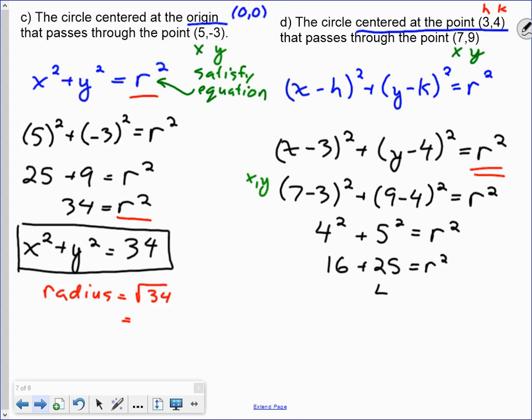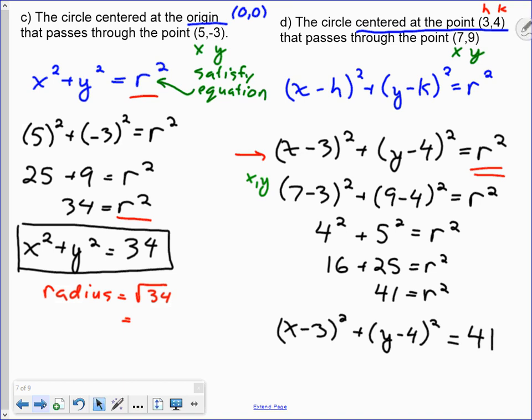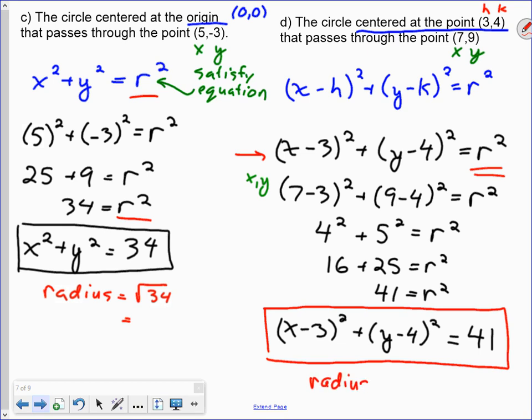Looks like r squared is going to be 41. So our equation, coming back to this step here, is going to be x minus 3 squared, y minus 4 squared equals 41. And of course, if they asked us what the radius was, the radius would be the square root of 41.